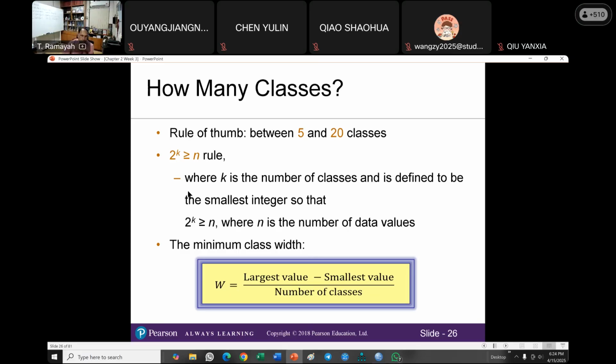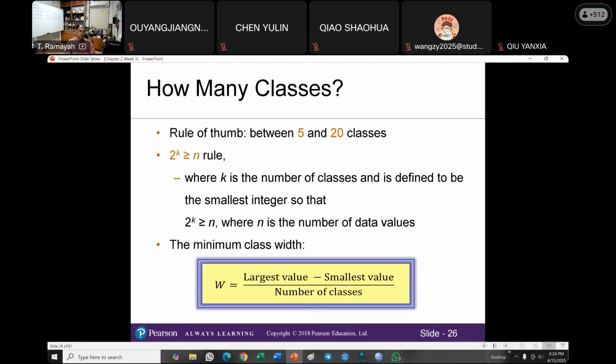The formula for the number of classes is 2 to the power of k must be greater than n, where k is the number of classes. Let's say you want 5 groups. 2 to the power of 5 is 2 times 2 times 2 times 2 times 2. That's how we calculate it. And this 2 to the power of 5 must be greater than the number of values you have in the sample. Let's say your sample is 30. Then 2 to the power of k must be greater than 30.